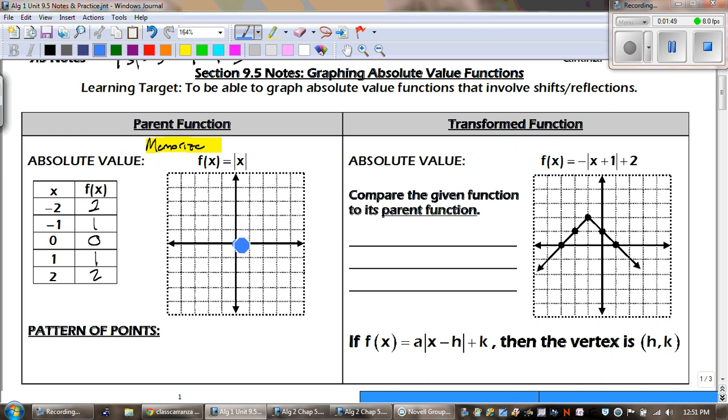So 0, 0, 1, 1, 2, 2. The other side was negative 1, 1, negative 2, 2. What is this making? It's kind of like a parabola, but it's not. This makes a V shape.